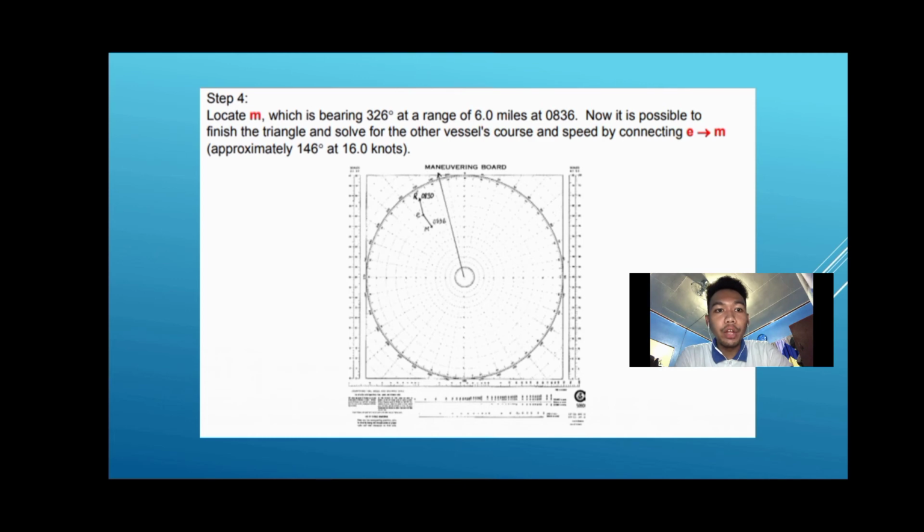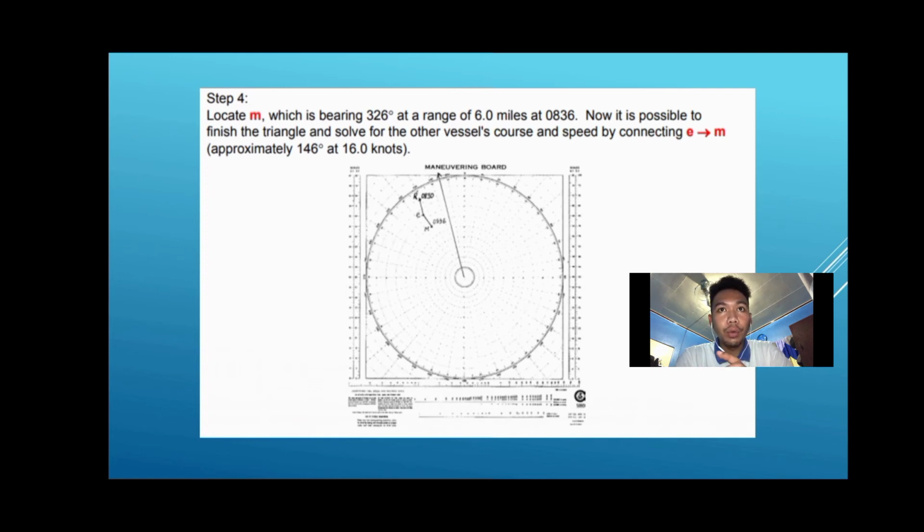So now we are going to locate the M. The bearing of the M is 326 degrees. We will find first the 326 degrees, and then we all know that every circle in the radar is equivalent, the ratio is 1:1. So every circle is equivalent to 1 nautical mile.